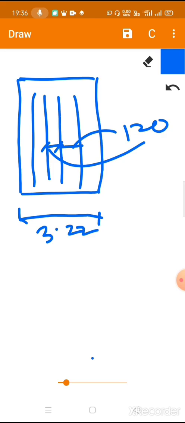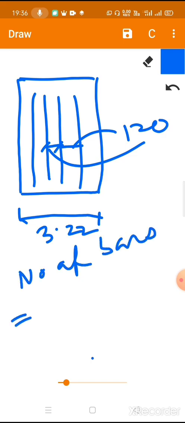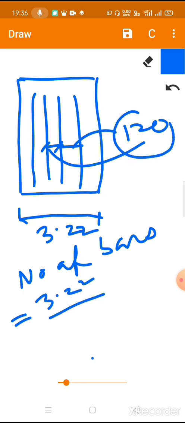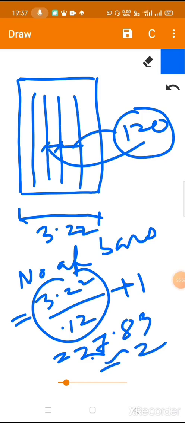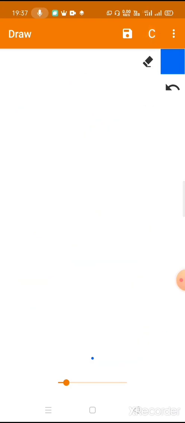So the number of bars will be 3.22 meter divided by 120 millimeter, that means 0.12 meter, plus 1, because this is the number of spacings, plus 1 gives the total number of rods. The value becomes 27.83. So let us take 28. So the number of bars is 28.